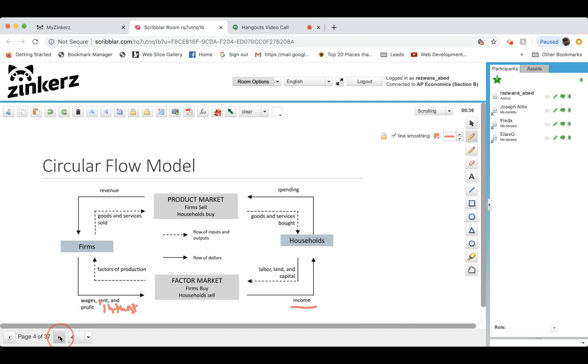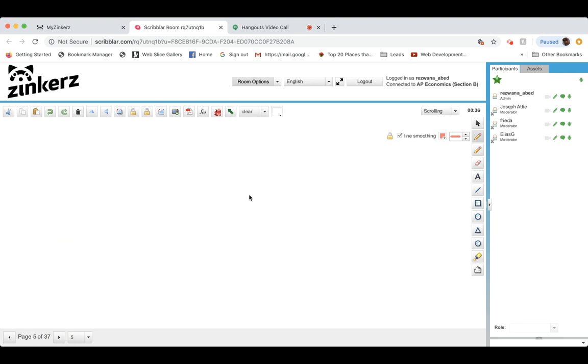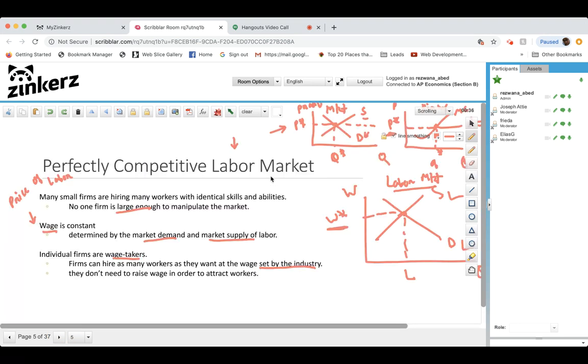Then I talked about the perfectly competitive labor market, and how the market forces of supply and demand for labor are also going to determine the outcome.